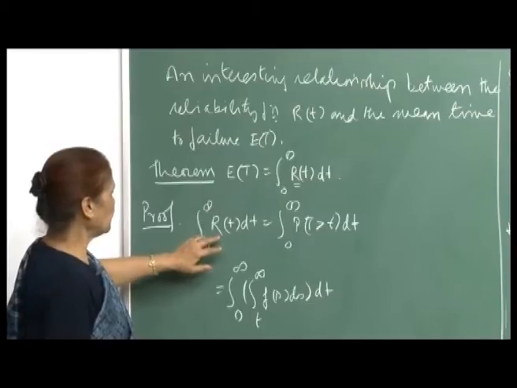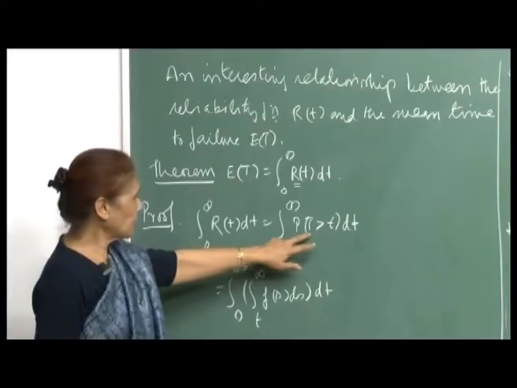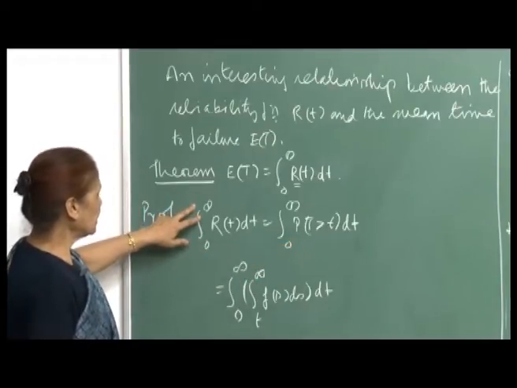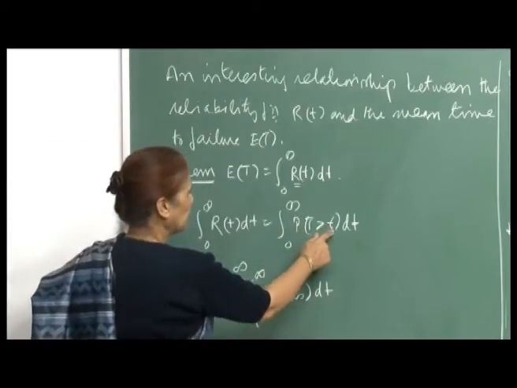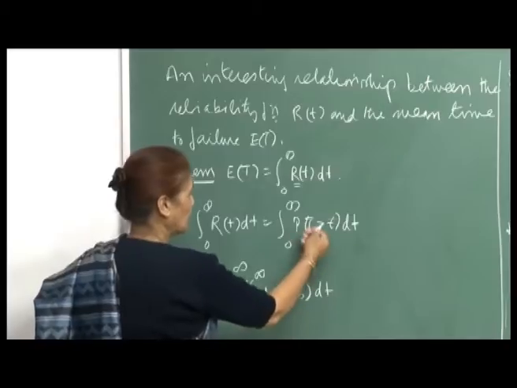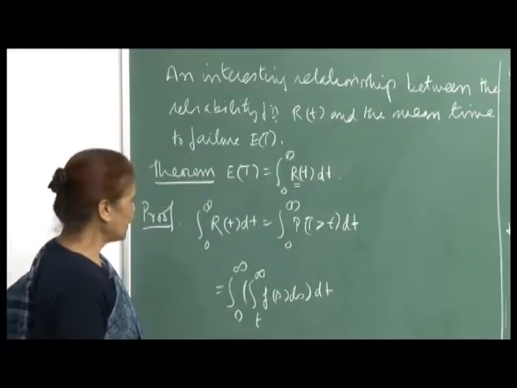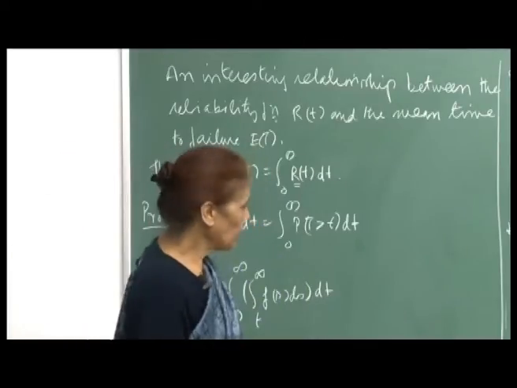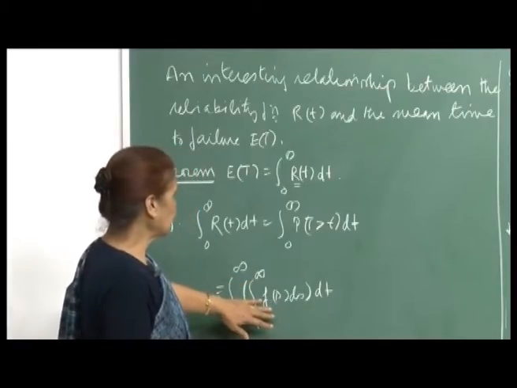So remember, your definition of r(t) is the probability T greater than t. So integral 0 to infinity r(t) dt will be integral 0 to infinity probability T greater than t dt. I think I gave you this as an exercise in one of the earlier exercises when we were defining the expected value of a random variable, but let me now spend time and show you why this will be true.